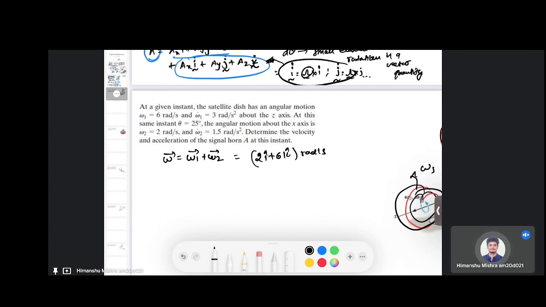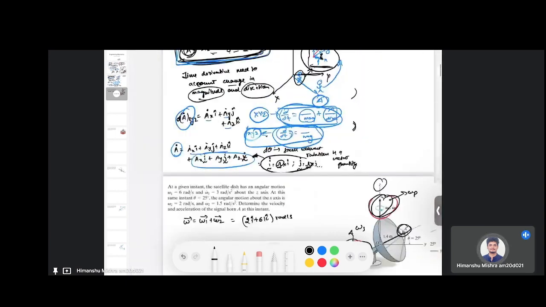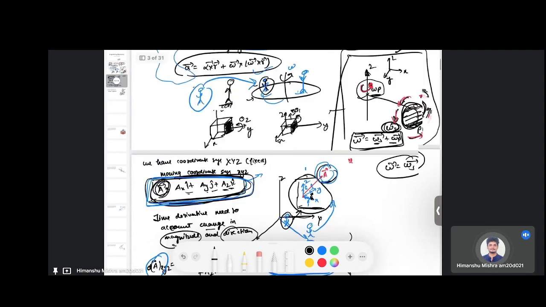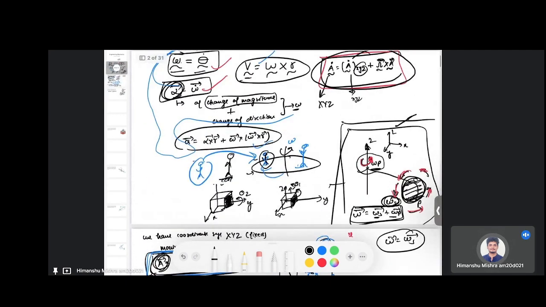Now we need to calculate the angular acceleration, because to calculate the velocity and acceleration of point A we will be using these formulas. This one is for acceleration, and this we can use to find the velocity of point A. You can see that we need the angular velocity and also the angular acceleration to calculate V and A from these expressions, so we need omega as well as alpha.